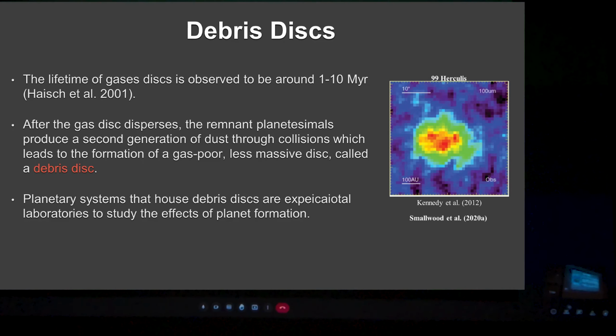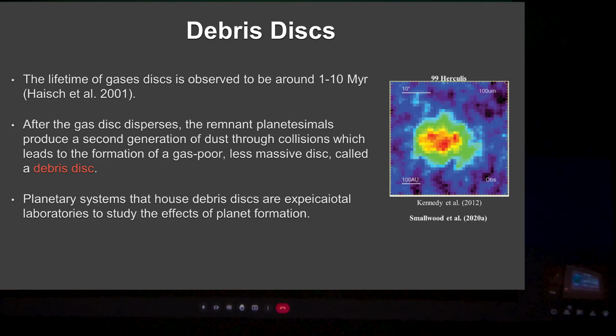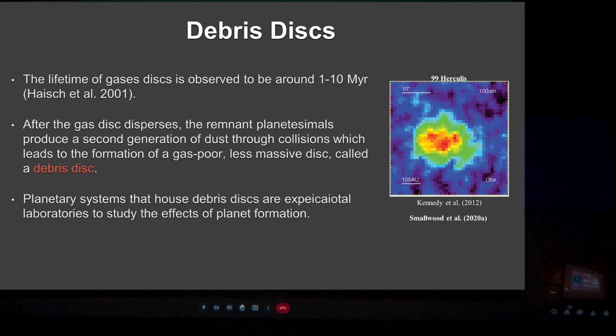And one example, we see these debris disks in binary systems. So we have this system called 99 Hercules, which is actually a polar debris disk. So it's a 90-degree inclined asteroid belt around the binary. And so I'll kind of talk more about this. I did a paper on this in 2020.